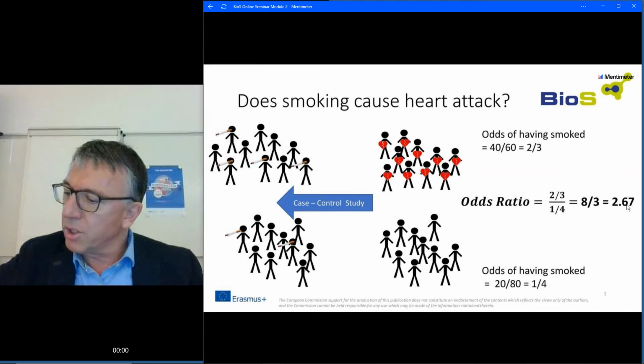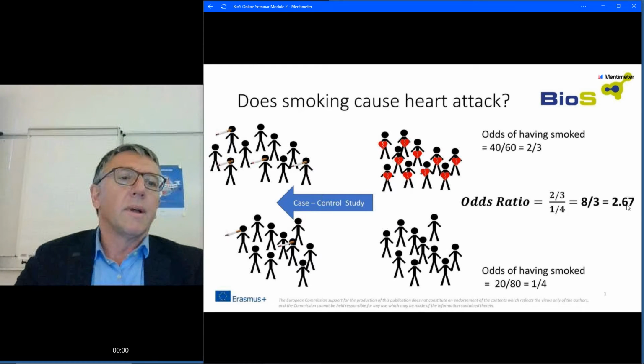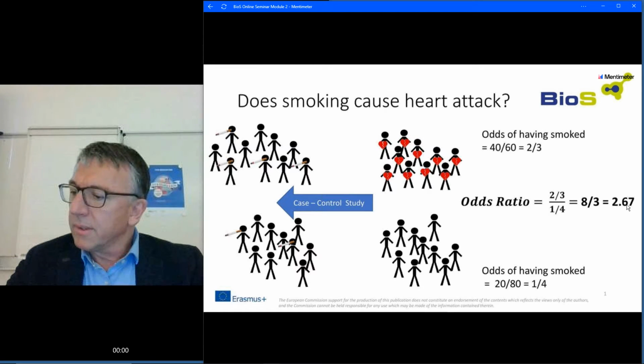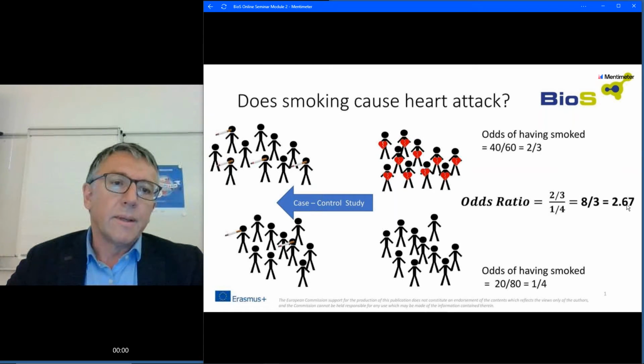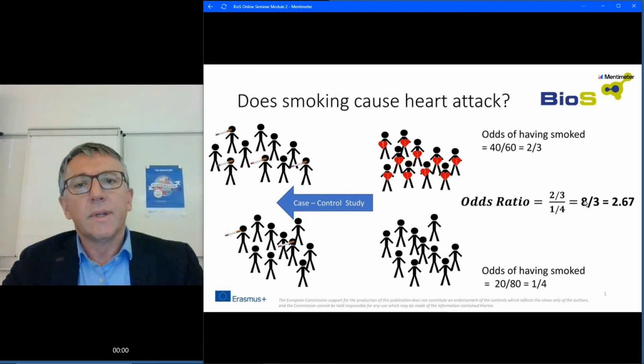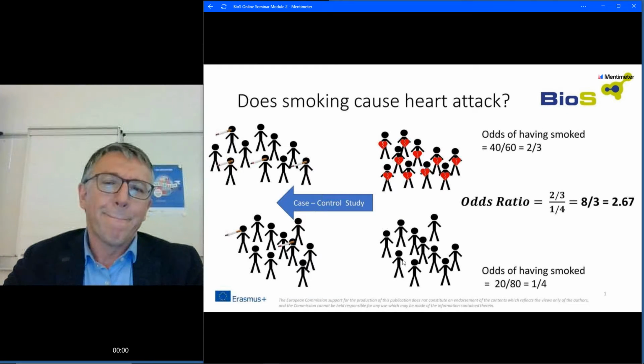So what does this ratio of 2.7 now tell you? It tells you that it's 2.7 times more likely of having smoked if you had a heart attack as compared to having not had a heart attack.